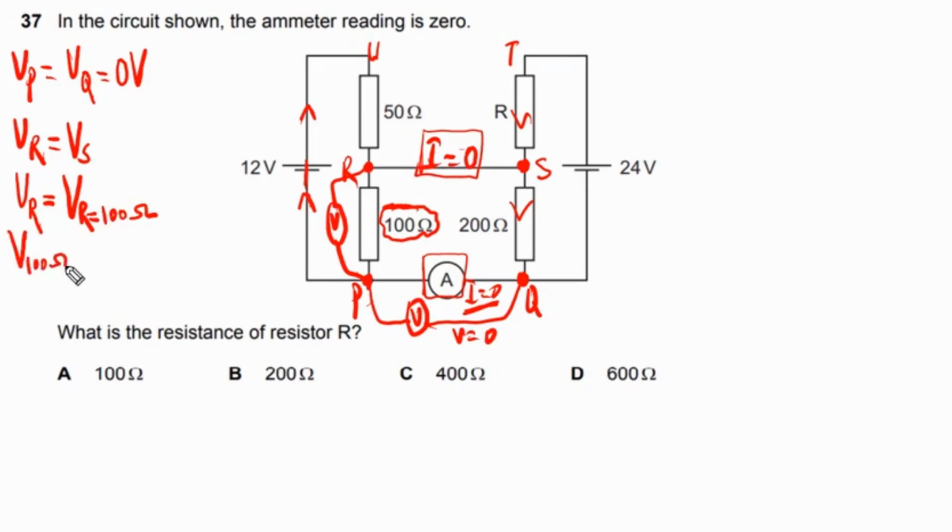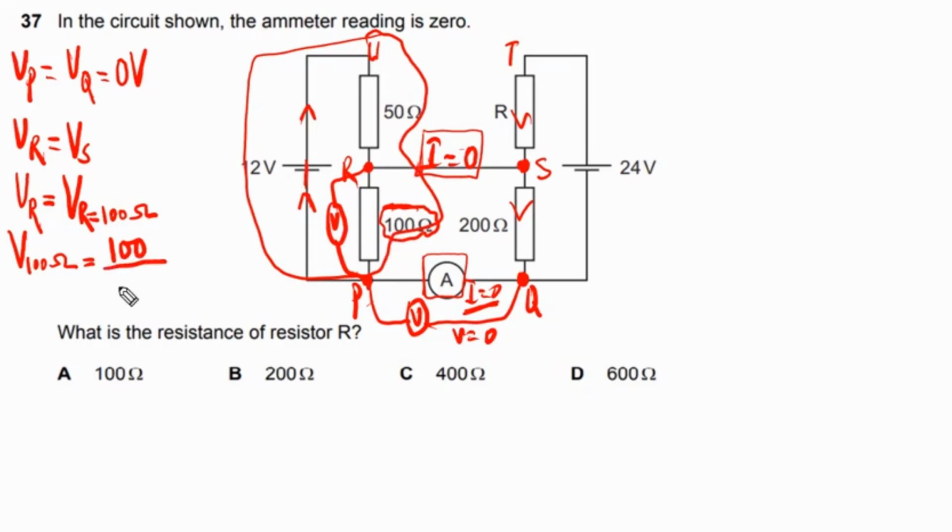So this is our 100 ohm resistor, and we need to find the potential difference across it. As you can see in this circuit, we have only two resistors, and they are connected in series. So we can find the potential difference across the 100 ohm resistor by dividing its resistance by the total resistance of the circuit.